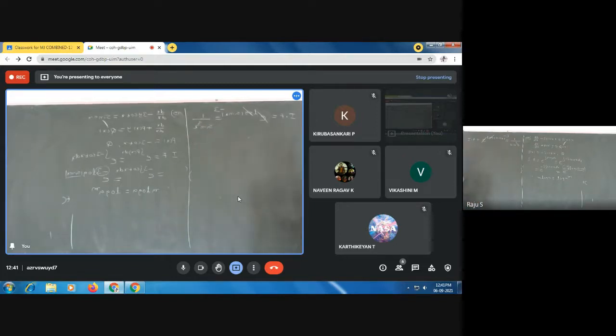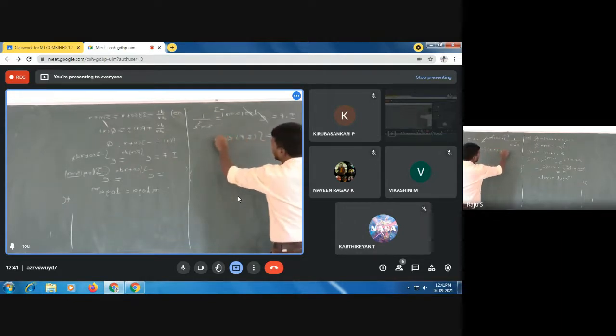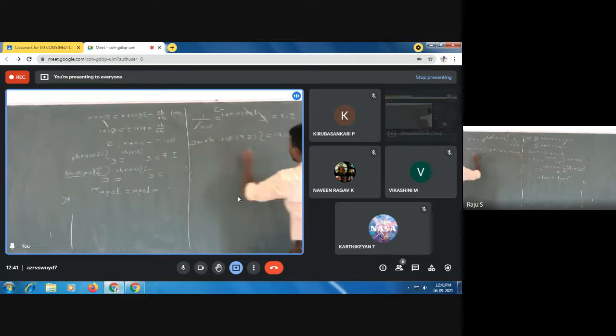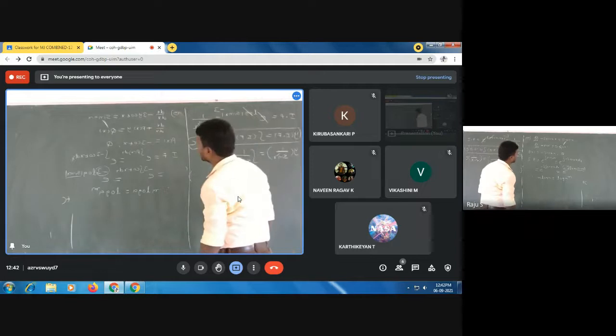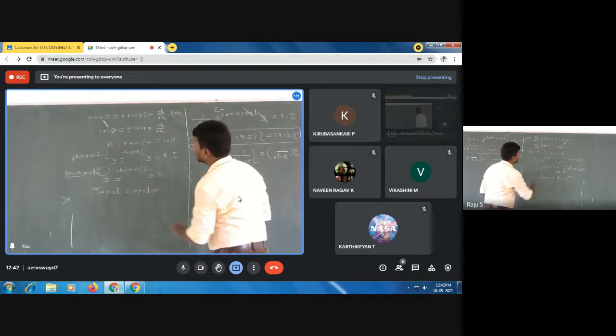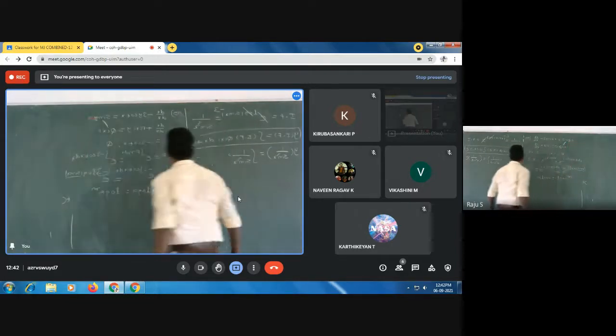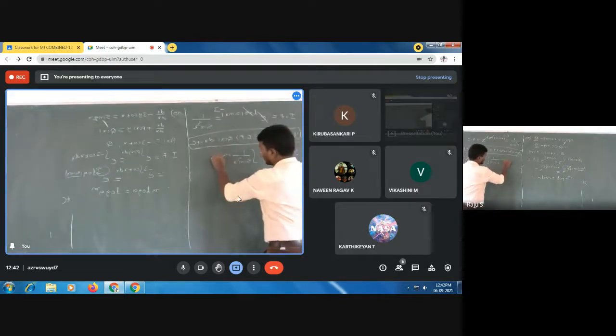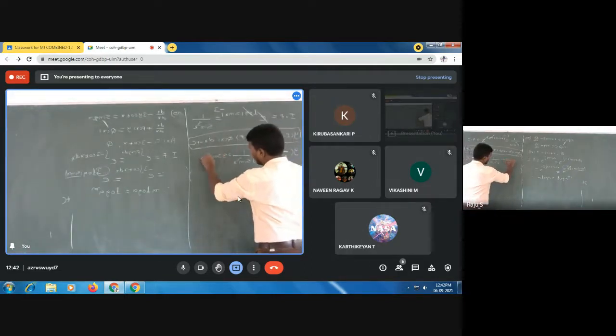Then the solution is y into integrating factor is equal to the integral of integrating factor times q of x dx plus c. This is the formula. In this formula, substitute: the integrating factor is 1 by sin cube x, and q of x is sin 2x. So the integral of 1 by sin cube x times sin 2x dx.